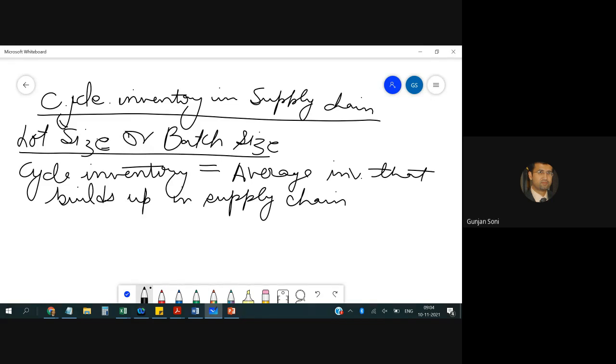So we denote cycle inventory by Q, which is the lot size or the batch size. We say Q is the lot or batch size, and D is the demand per unit time.